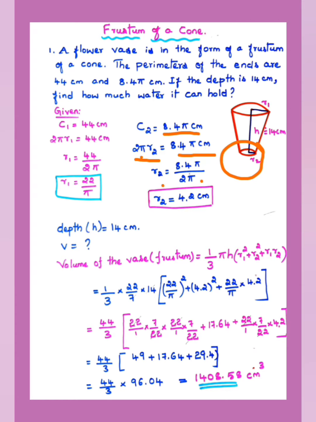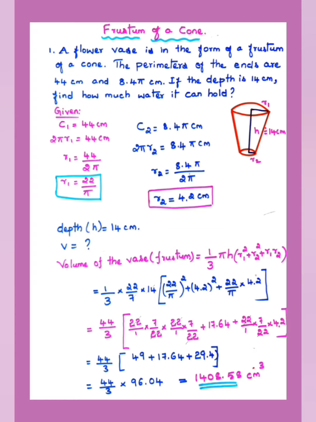You can cancel or simplify, 2 ones are 8.4, you can write as 4.2. Pi gets cancelled here. You see there is a pi in the numerator, pi in the denominator, it gets cancelled. Therefore R2 value you get as 4.2 centimeter only. And what else is given? Depth is given. H is equal to 14 centimeter, that is nothing but height.